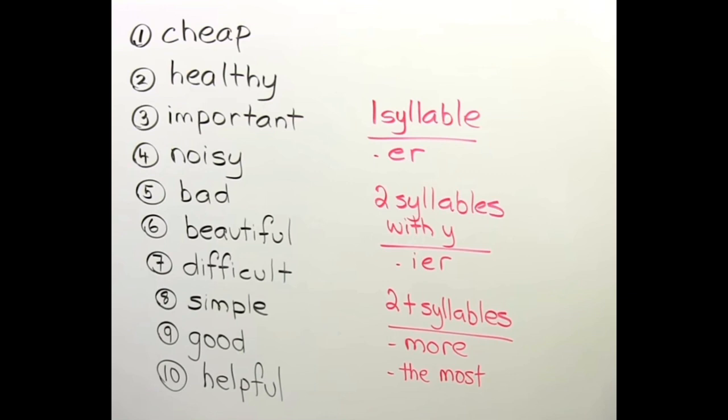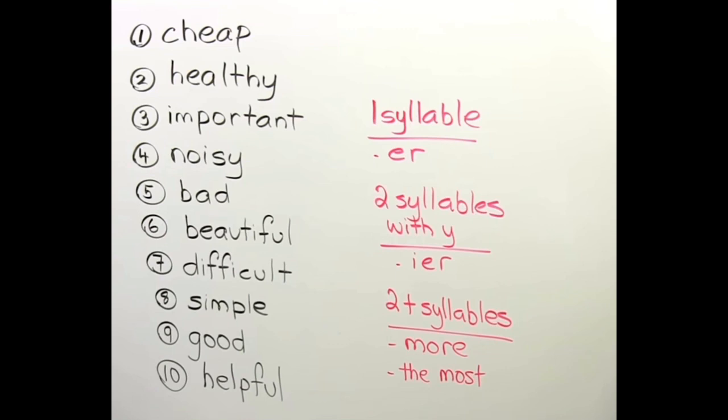If the adjective is 1 syllable and short, give it a sound of ER. So, if it's 2 syllables but ends with Y, give it an IER. And if it is 2 or more syllables, then we say more something. Or if it is superlative, the most something. Alright? I think you got it.